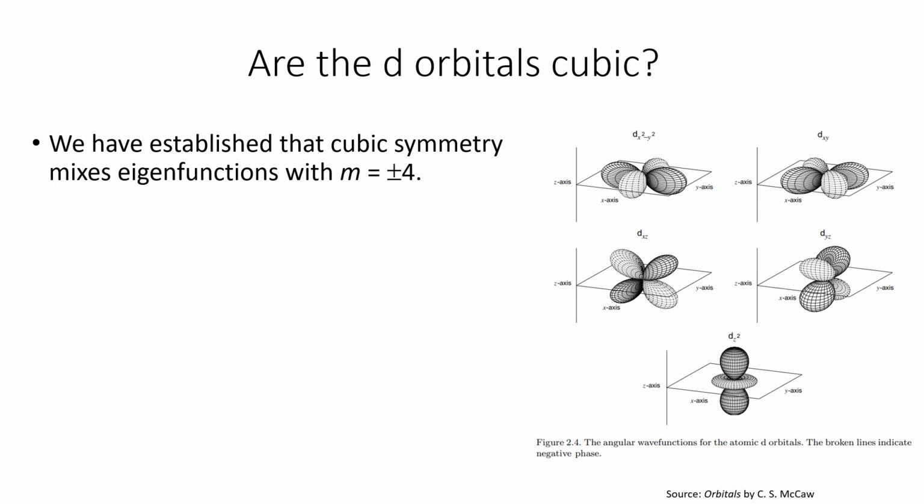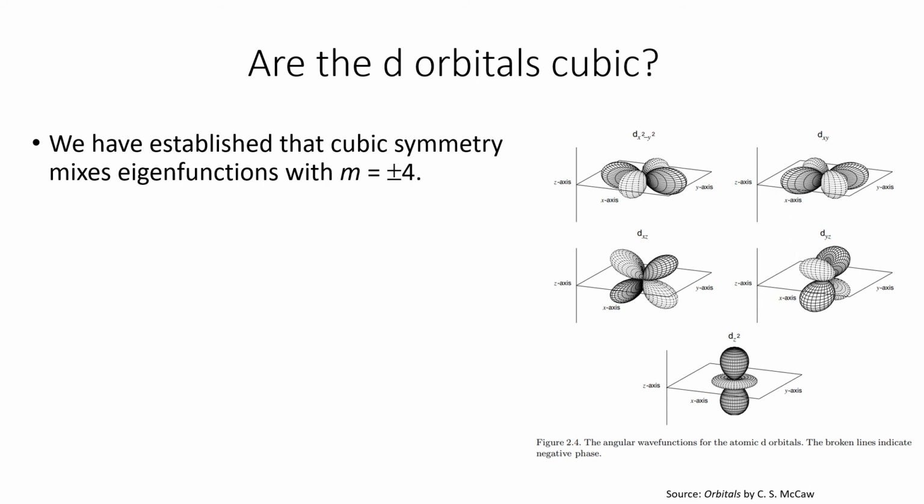And so looking now at the d orbitals, we might ask ourselves, are the d orbitals that we've drawn, which we drew up in a kind of spherical sense, are they cubic in a kind of Cartesian way?